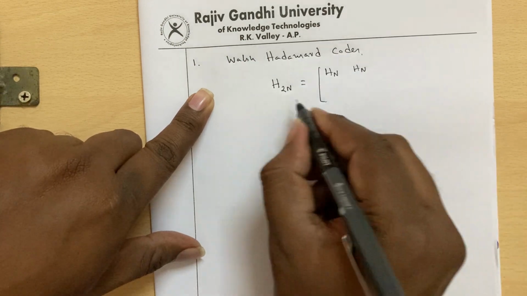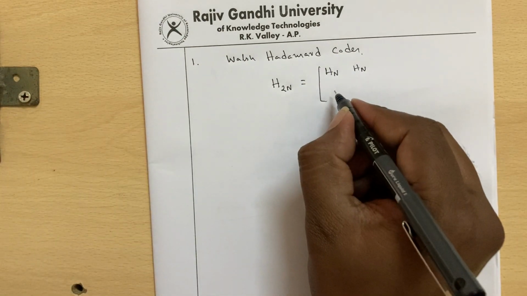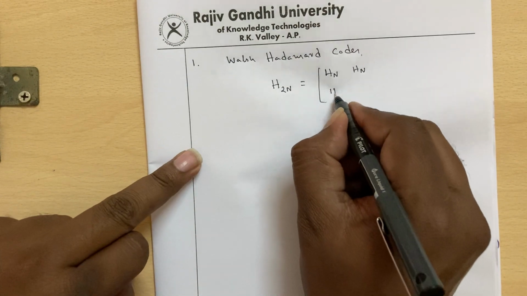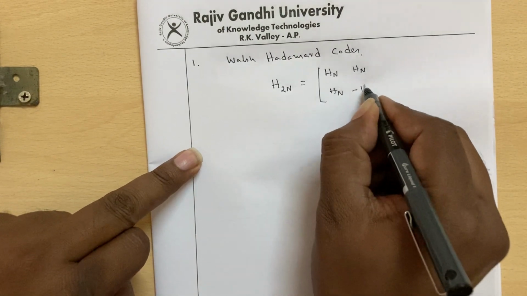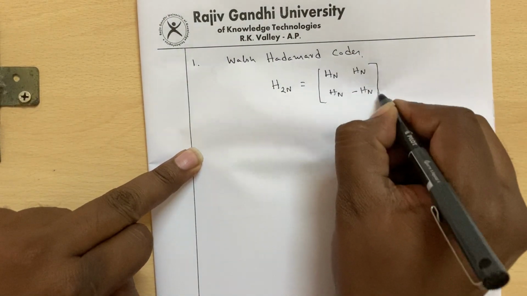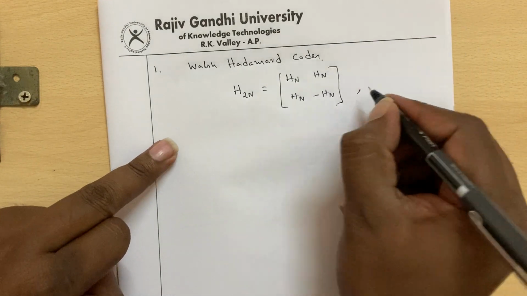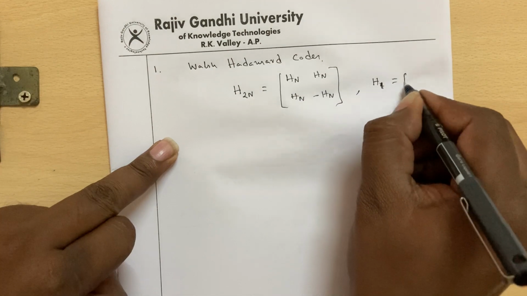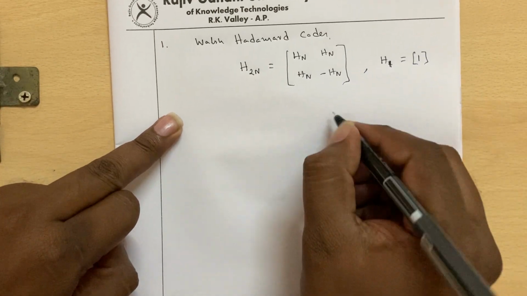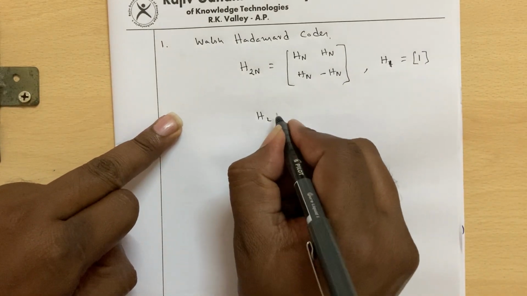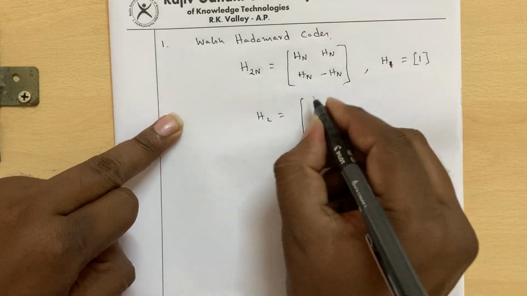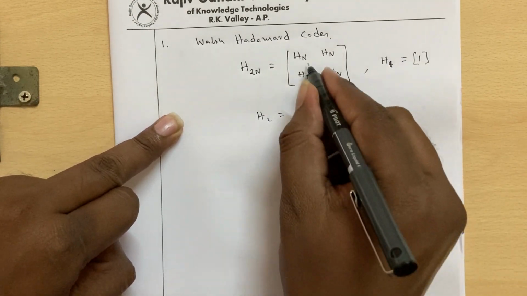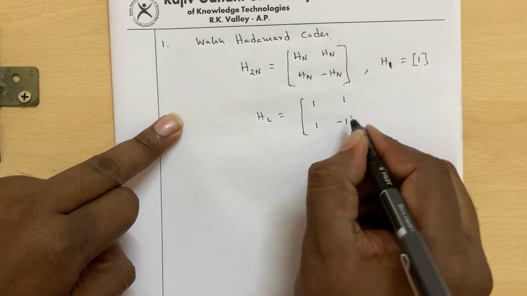So one can get H2n in a recursive fashion like this, with minus Hn in the lower right block. H1 is defined as 1. So H2 will be equal to 1, 1, and using this equation, 1, minus 1.